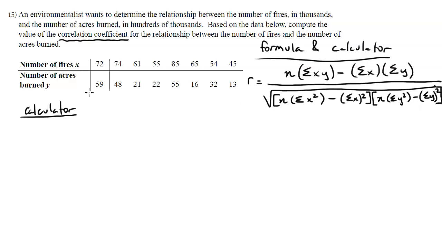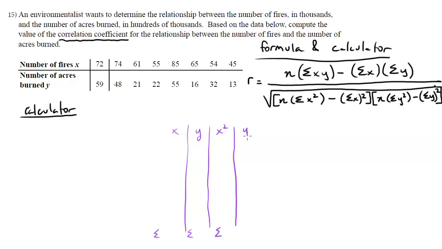Okay, so we see our x values here, our y values here. You can do this using a table. I'll write this out and then I'm going to erase it. We need the sum of the x's and the sum of the y's. I need x squared, so I square each of the x values and add that up, and the same for y.